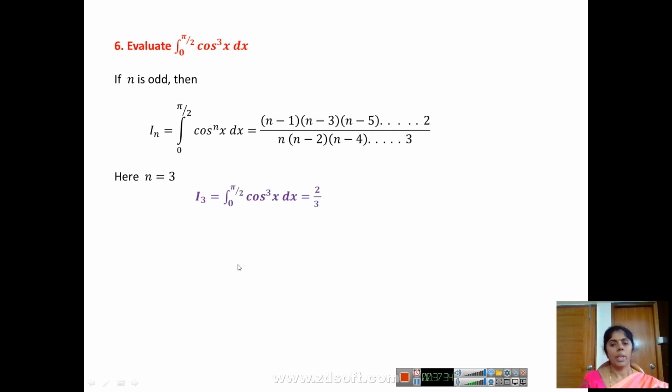So again here I consider one more problem, that is, evaluate the integral from 0 to pi by 2 of cos to the power 3 of x dx.